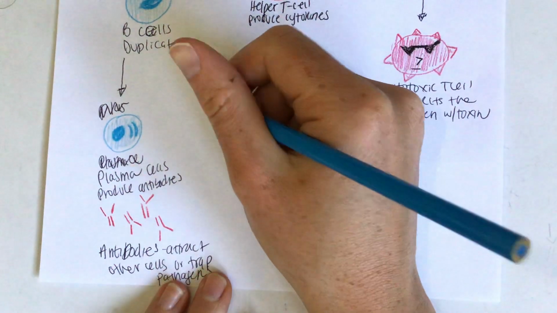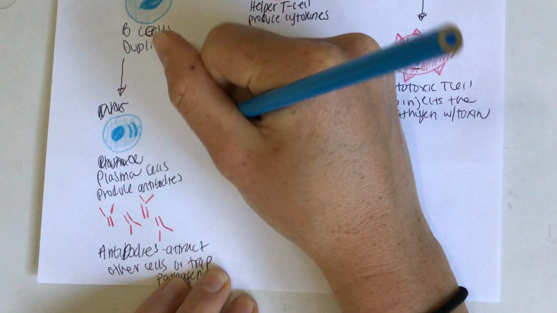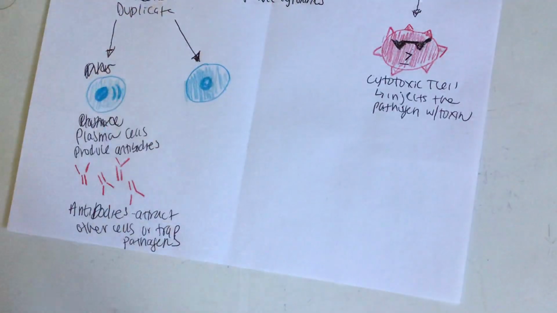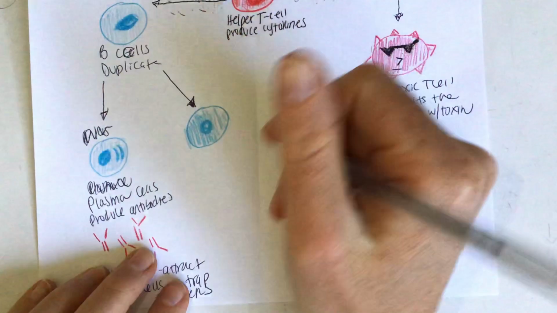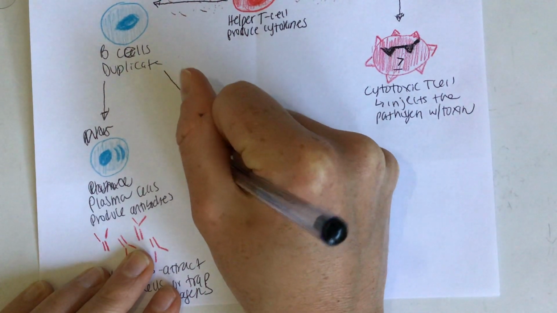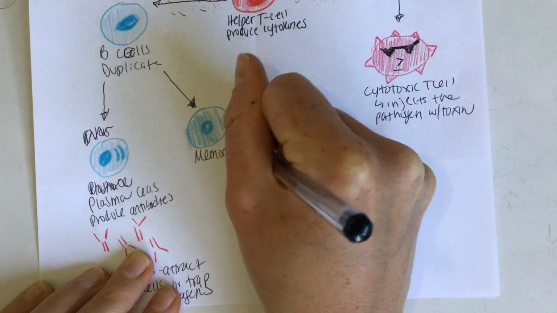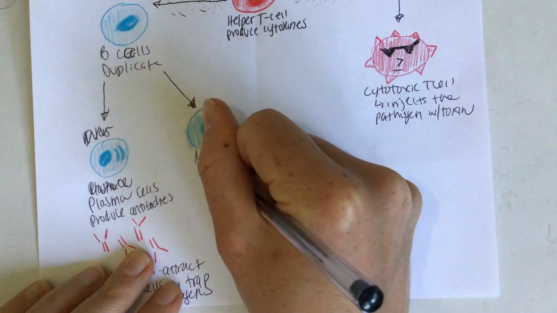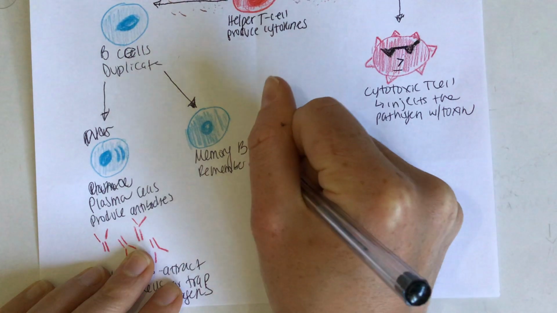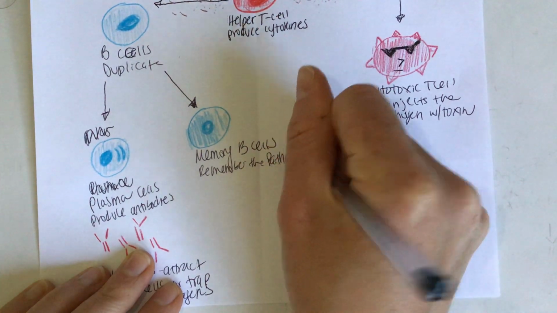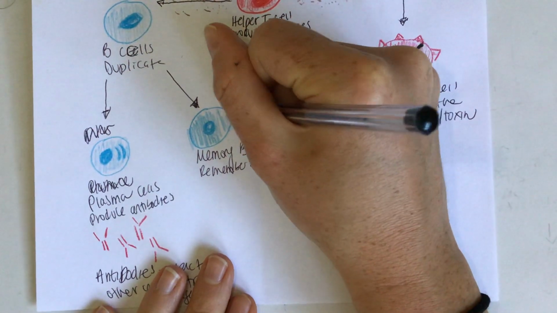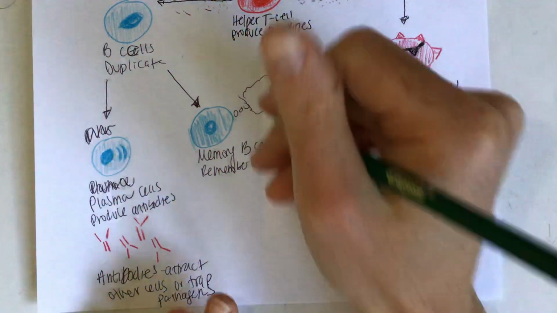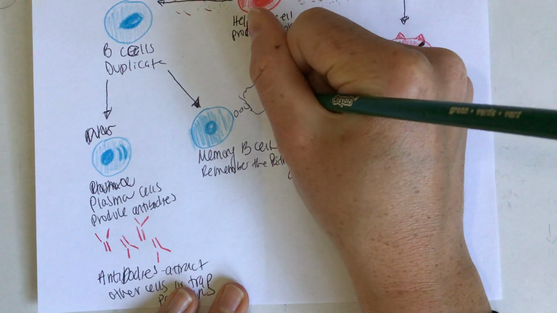So memory B cells remember the pathogen. So we'll add a little memory bubble up here and show our pathogen inside of it.